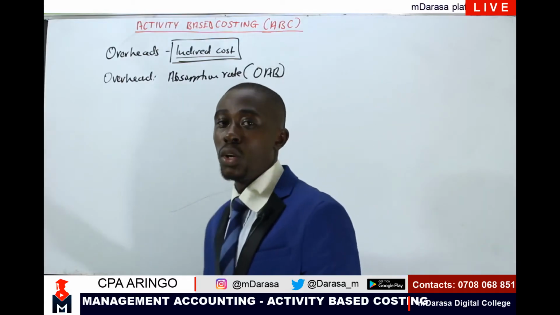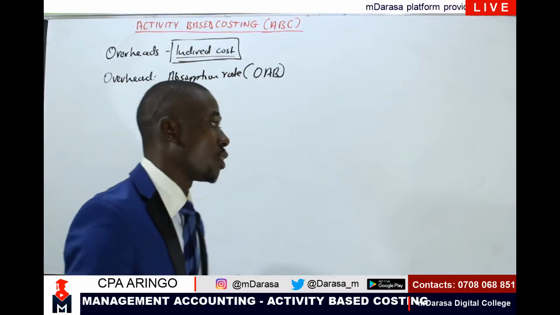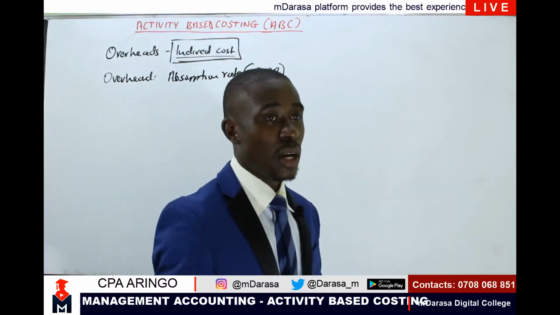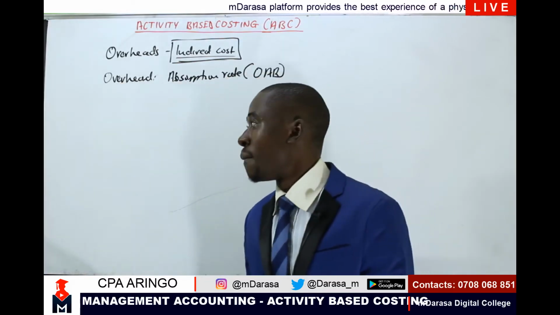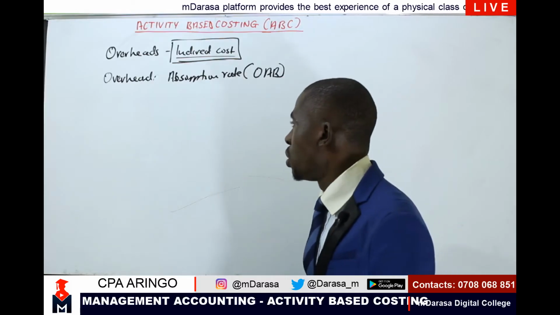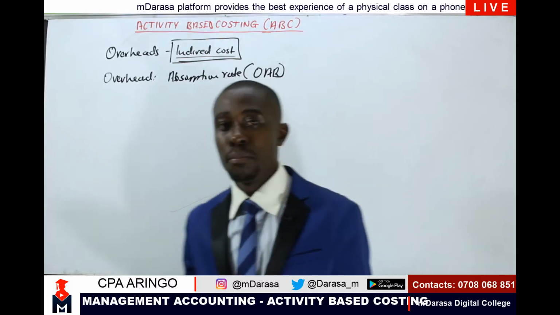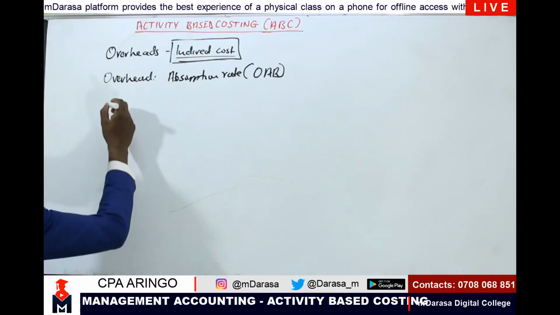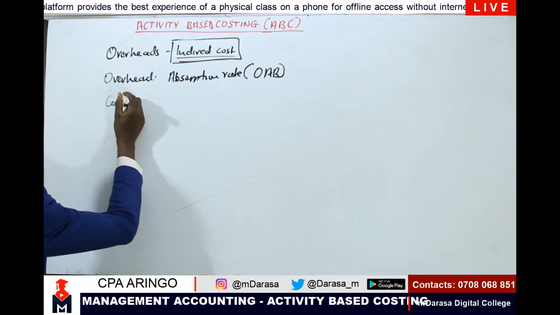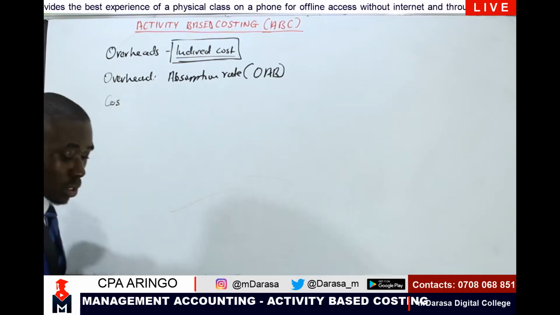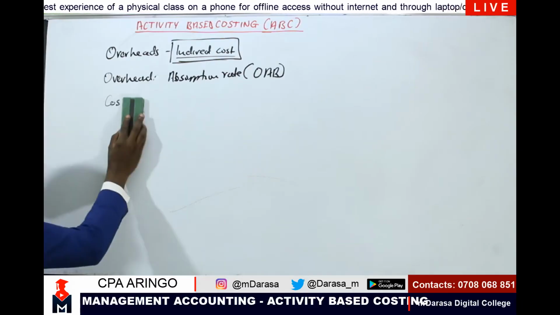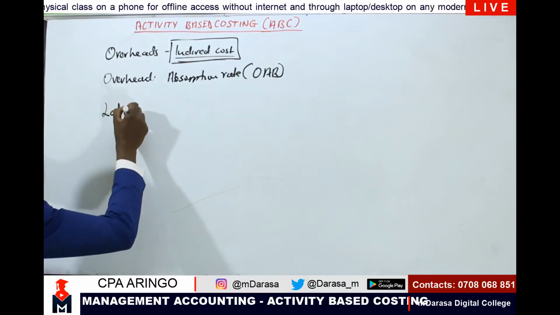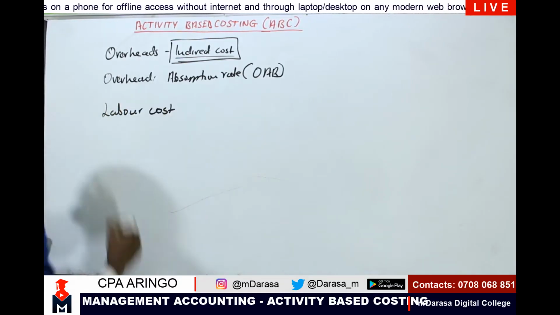And the methods that we were using earlier on, we normally term them as traditional methods of allocating these overheads. Basically, in our traditional method, we are using a certain base of allocation. Say, for example, we have a component of labor cost, and we want to allocate our labor cost.